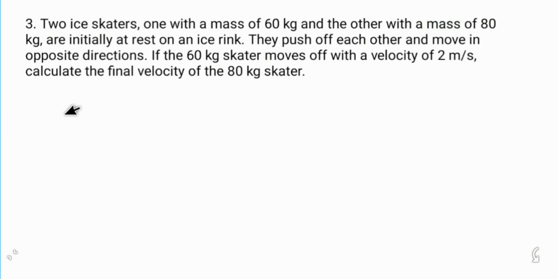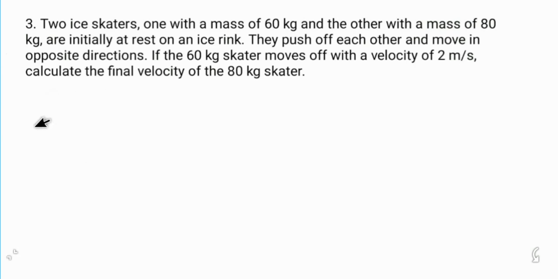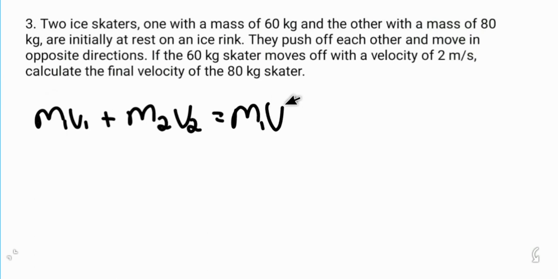It's mass 1 times velocity 1 plus mass 2 velocity 2 is equal to, since these two skaters didn't stick together after the collision, mass 1 times its final velocity plus mass 2 times the final velocity of object number 2.